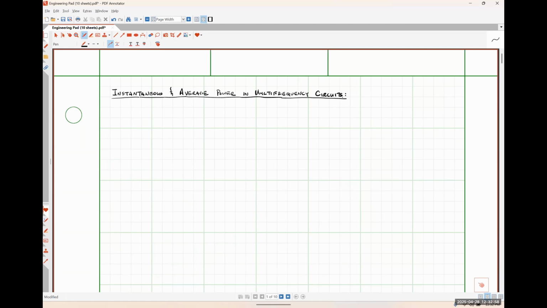Okay. So starting things off pretty similar to what we did last Friday, let's say that I have some time varying source. Again, it's completely unimportant as to whether or not it is a current source or a voltage source, but this source is providing multi-frequency excitation.